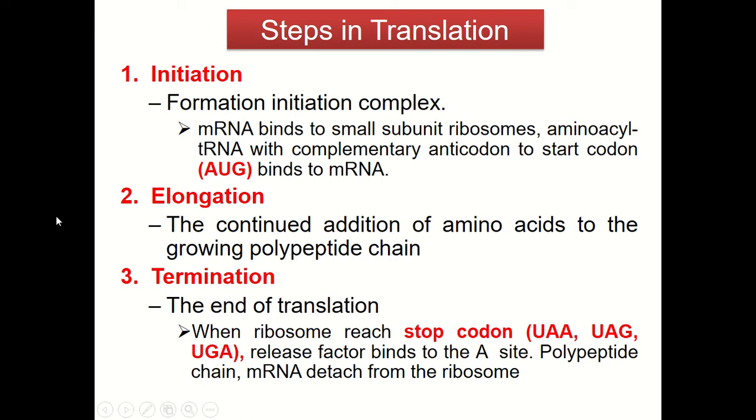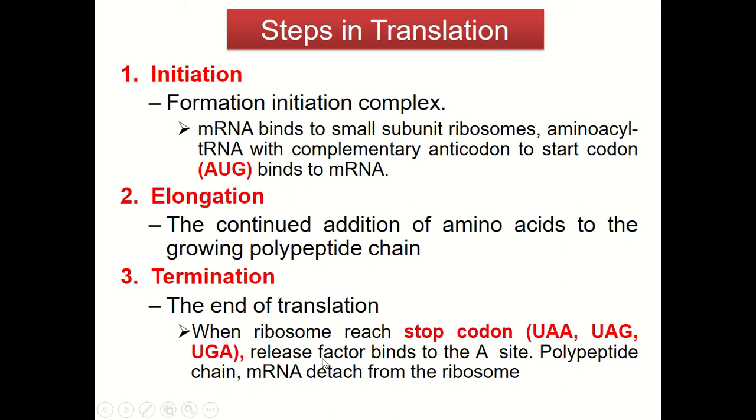Okay. And last but not least is termination. The termination stage or phase refers to the end of translation, in which when the ribosome reaches the stop codon, UAA, UAG, and UGA, they will release factor.